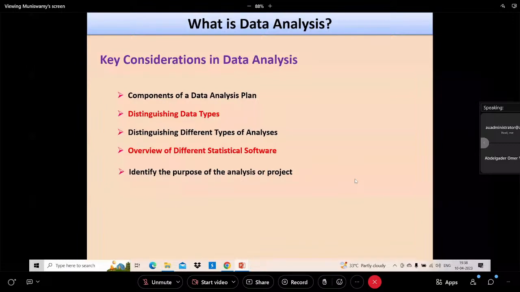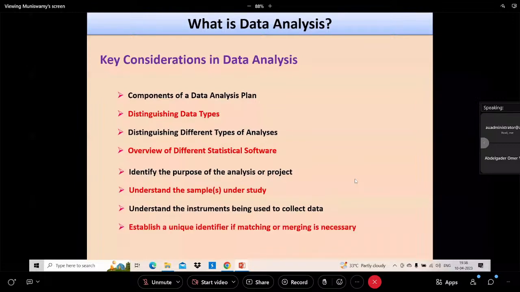a project. Then understand the samples under study, then understand the instruments being used to collect data, and establish a unique identifier if matching or merging is necessary. So these are all key considerations in data analysis.